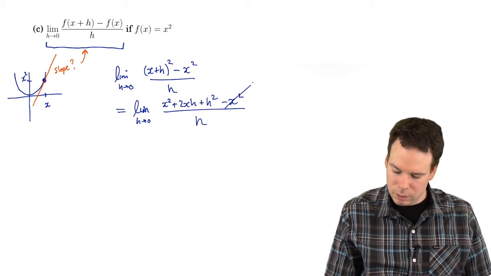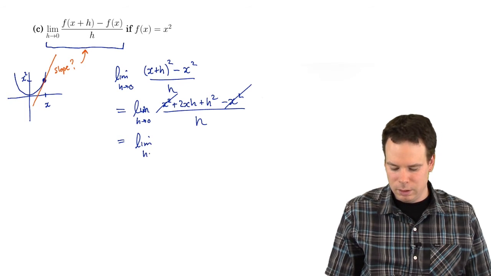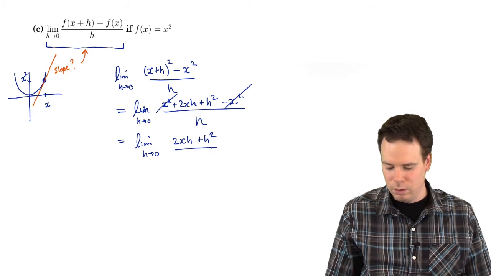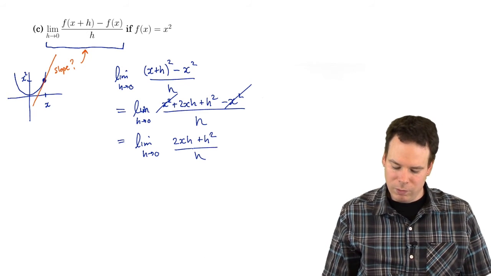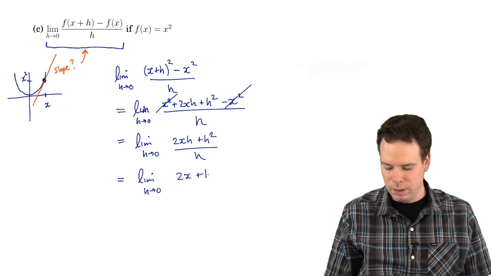You can see that these x squareds cancel off. This is the limit as h goes to 0 of 2xh plus h squared all over h. Now I've got this common factor of an h in top and bottom, and I can cancel those off. And so this becomes the limit as h goes to 0 of 2x plus h.